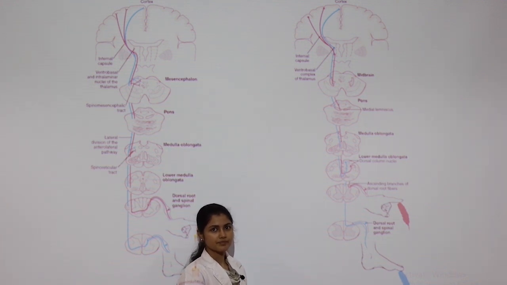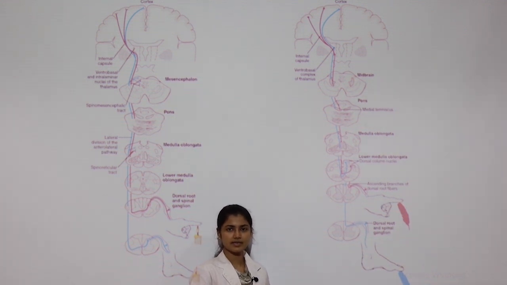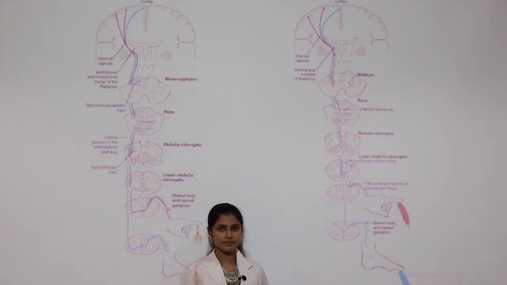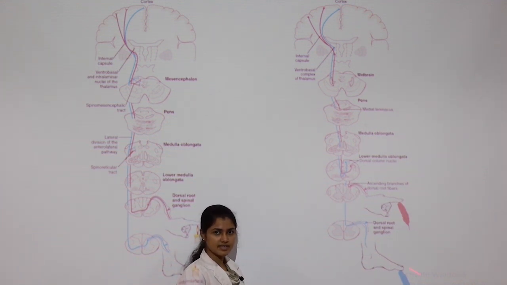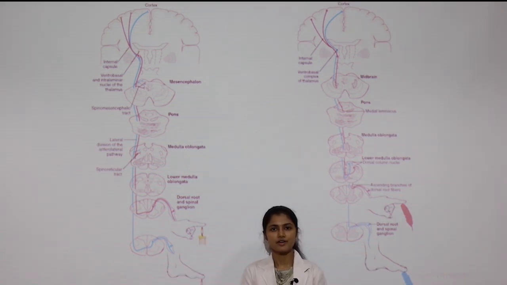To sum up, the sensations of the dorsal column tract like fine touch, 2-point discrimination, tactile localization, vibration, stereognosis, sense of position and appreciation of passive movements, all these sensations are carried via this pathway and perceived in the cerebral cortex. Now we are going to see about the anterolateral system.